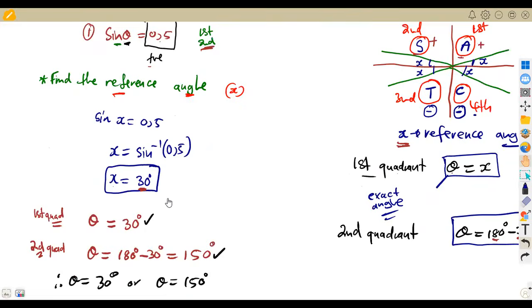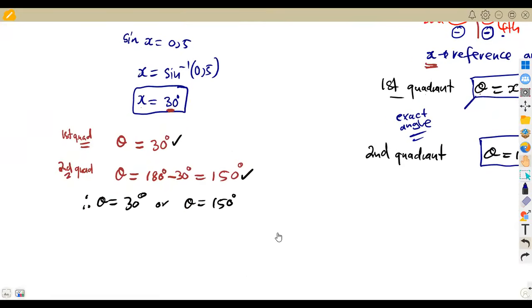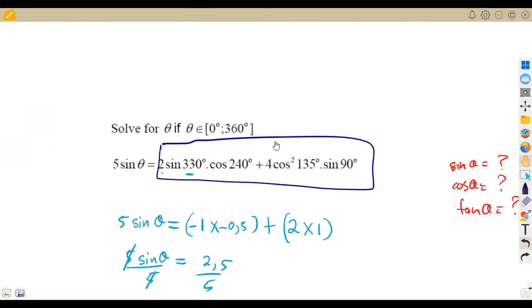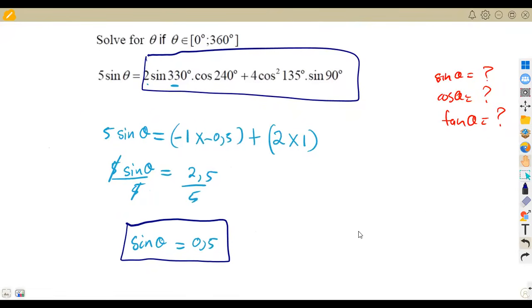Then you use that to find the exact value. So your answers are going to be 30 and what? 30 and 150 degrees. So this one is a repetition from the one that we worked, as we can see. So here we are going to obtain our theta being 30 degrees, or theta is equal to 150 degrees.